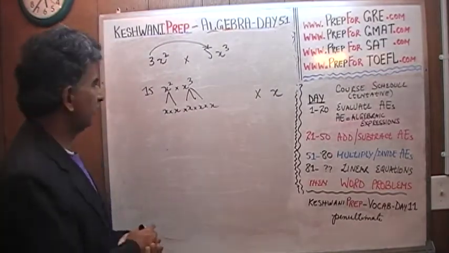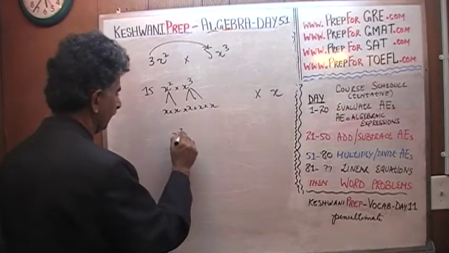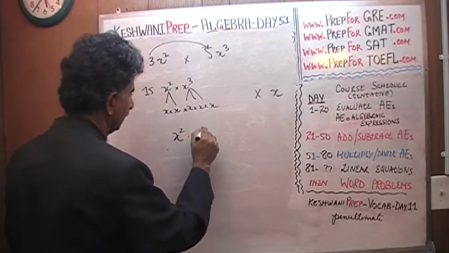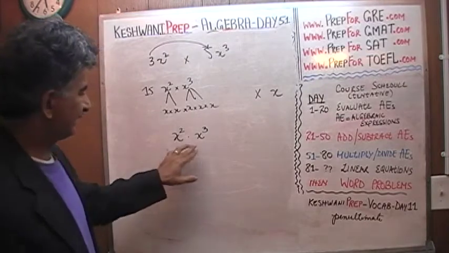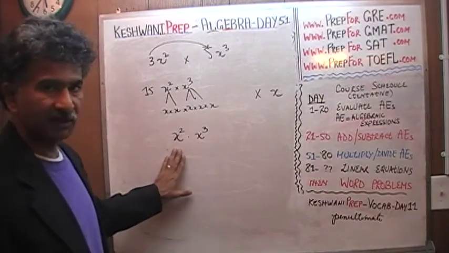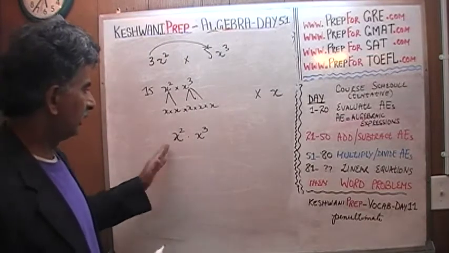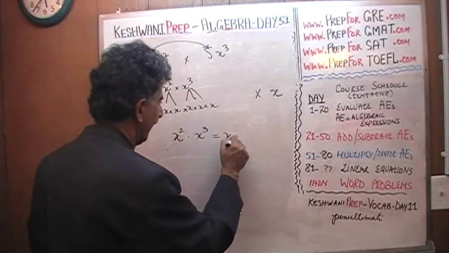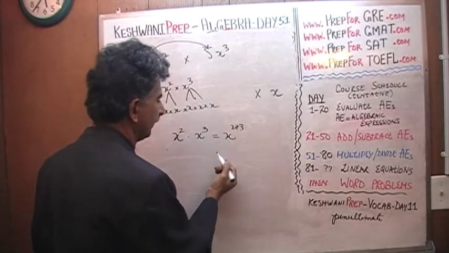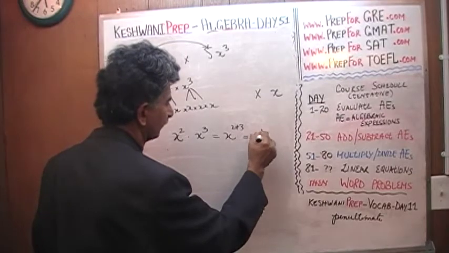And the simple thing to remember is when you have a situation where the base is the same and you multiply the two quantities, all you have to do is add the exponents in order to multiply. So this is simply x raised to 5.